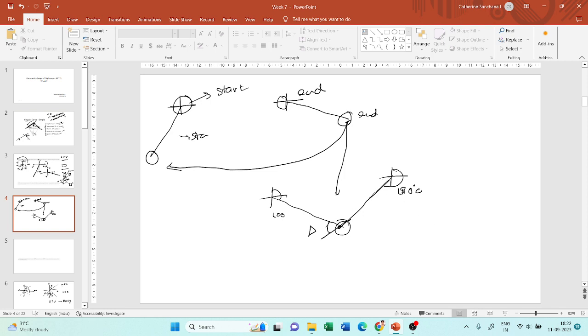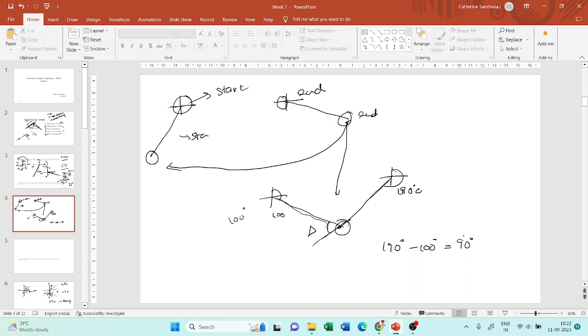So this angle is 190 degrees and this angle is 100 degrees, right? Now if you subtract these two, you will get the deflection angle, which is 90 degrees.